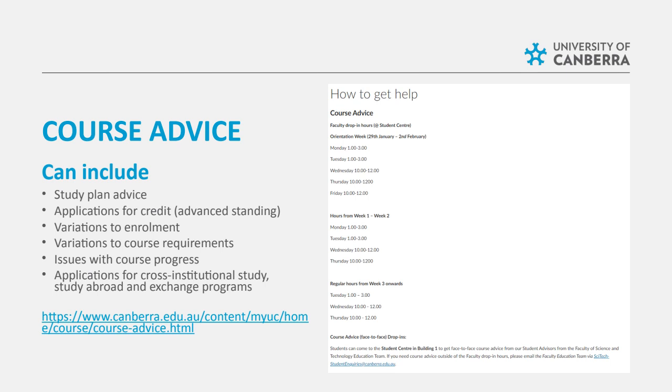So the education team will say, look, we can design this study plan for you. And then my role as a PD is to give the academic input into that and say, yes, this makes sense because of these reasons, or maybe not, let's change this, let's tweak a few things around to make it work for you guys. Okay, so yeah, there could be variations to enrollment, course requirements, or issues with course progress as well.